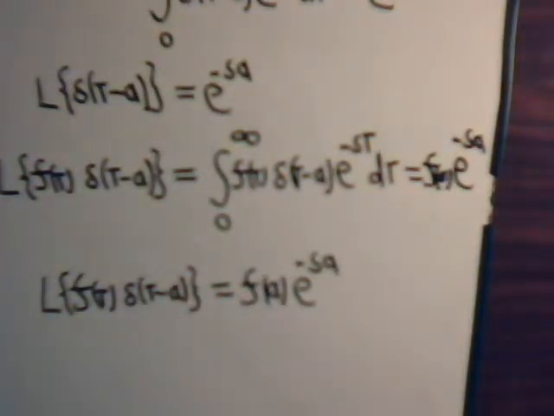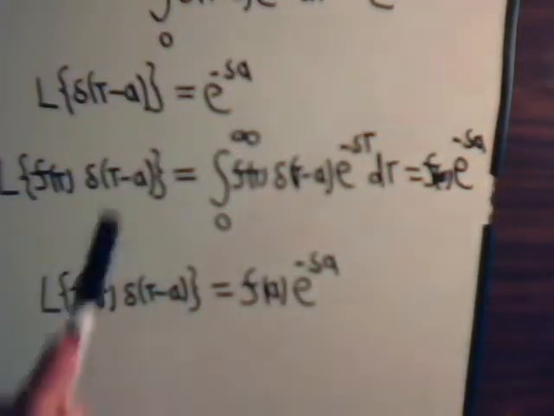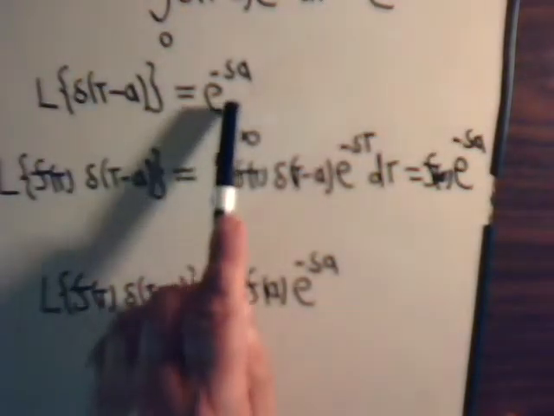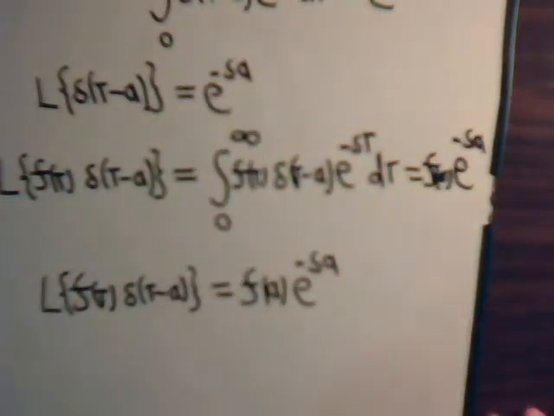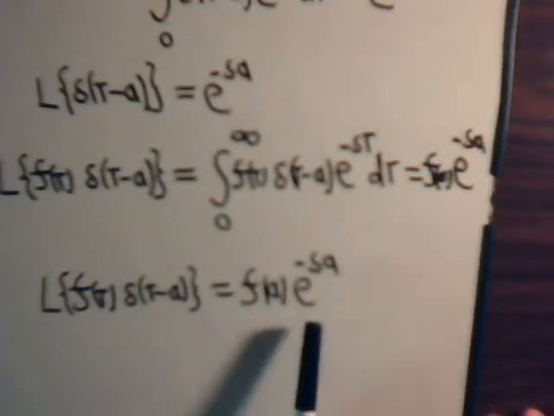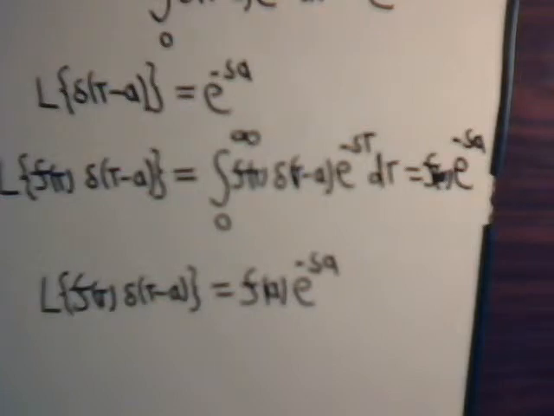So the Laplace transform of delta t minus a is e to the minus sa. If we multiply it by some function f of t, it's just f of a e to the minus sa. And the Laplace transform of just delta t equals 1. So those are the basic equations that we wanted to take a few minutes and derive in this video.